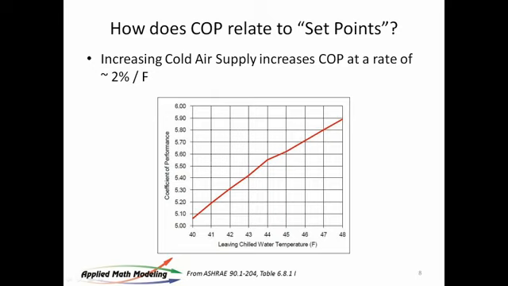So here's a chart. This is from an ASHRAE, the standard ASHRAE manual on data center efficiency, that shows that by increasing the cold air supply temperature, the COP improves.